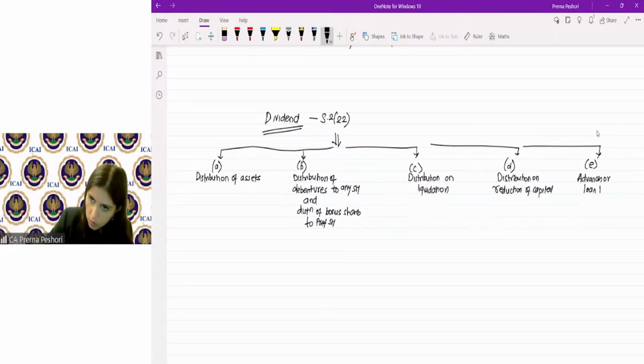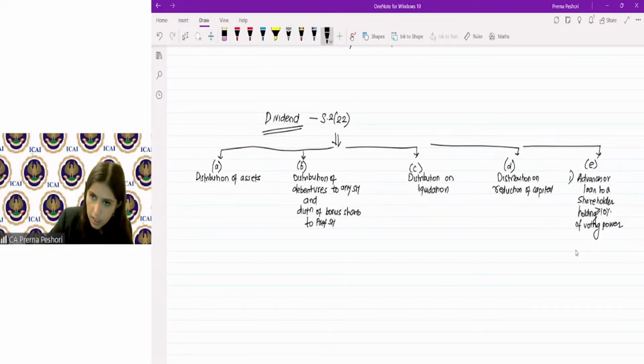Advances or loan to a shareholder holding greater than or equal to 10% of the voting power.